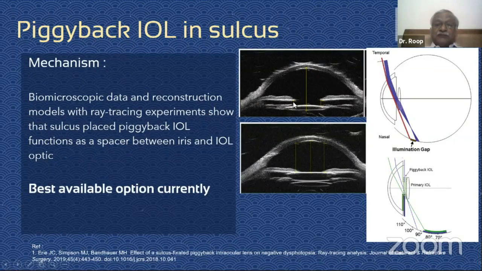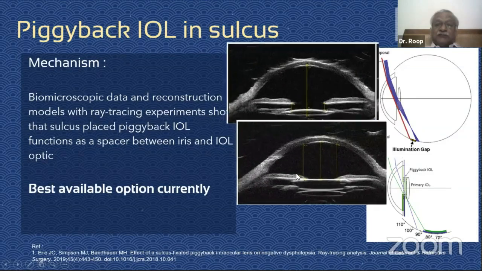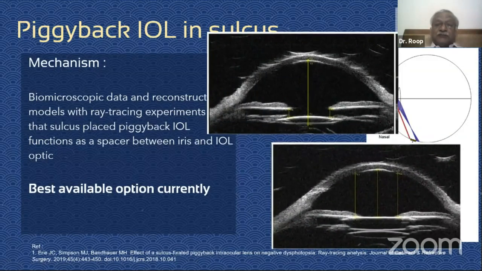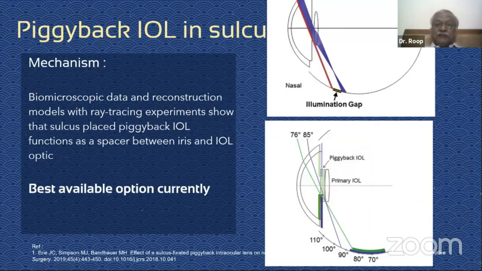As you can see, there is a gap between the iris and the anterior IOL surface. When you put the secondary IOL, it basically fills this gap. And the symptoms of negative dysphotopsia are taken care of by basically illuminating this area.